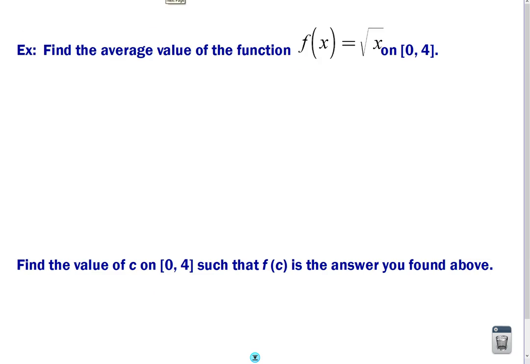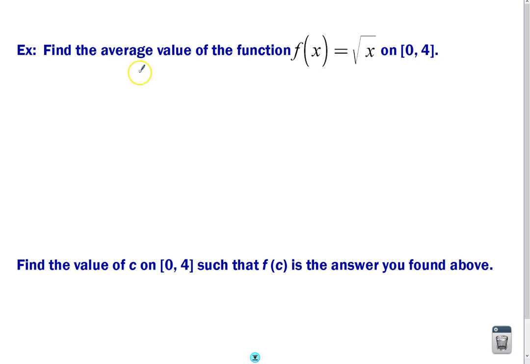Okay, so I want to find the average value of my function f of x is equal to the square root of x from 0 to 4. So we already knew earlier that the area under the curve from 0 to 4 was 16/3. I believe that was what we found. But now I want to know what is the average value of all of those y values.